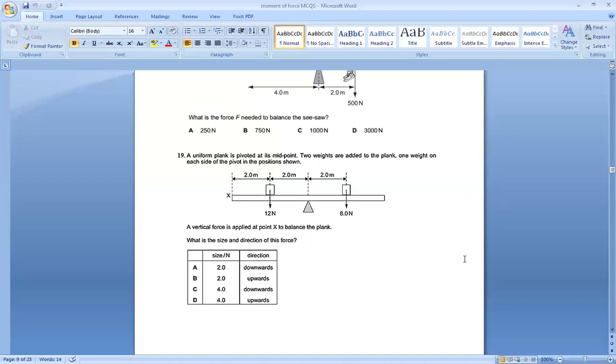8 Newton is producing clockwise, 12 Newton is producing anti-clockwise. So definitely the distance of 8 Newton from the pivot and 12 Newton from the pivot is the same.